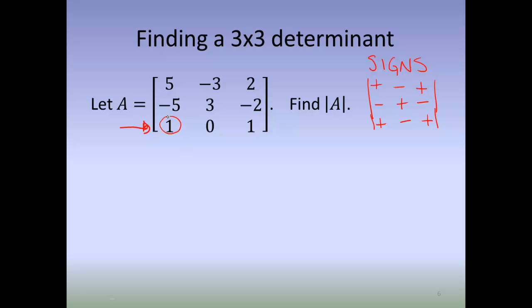Okay, so I'm going to start with the 1 in front, bring that down, and then I'm going to have a 2 by 2 from crossing out that column, crossing out that row. The 2 by 2 that's left is negative 3, 2, 3, negative 2. Okay.